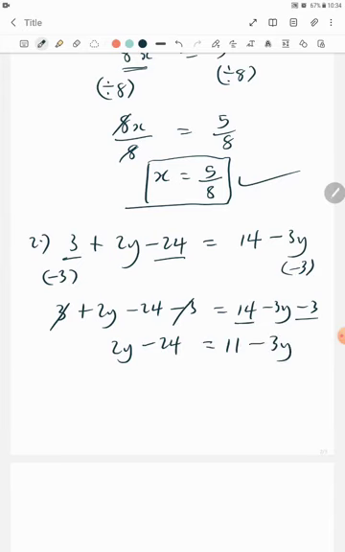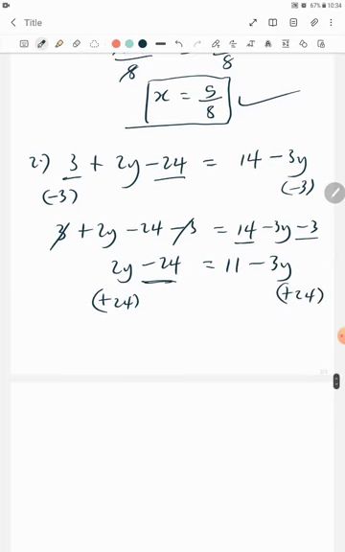The next thing is that I need to remove this minus 24, and I can remove minus 24 by plus 24. So I will say I have 2y now, minus 24 plus 24, equals 11 minus 3y, then I have plus 24.